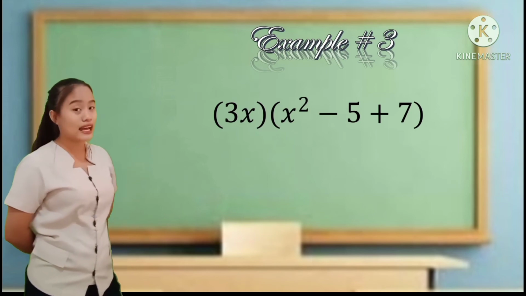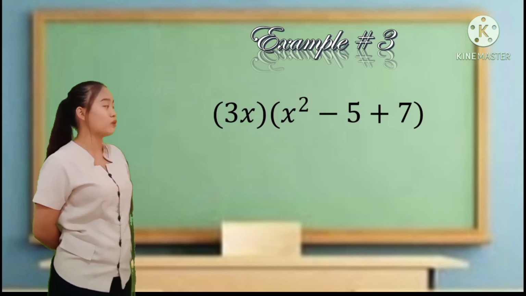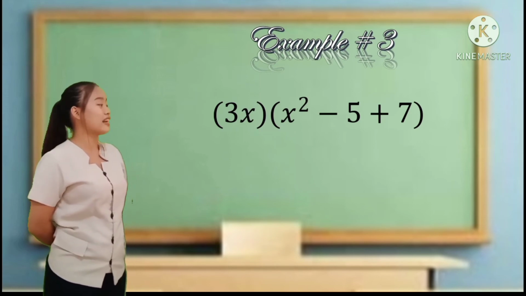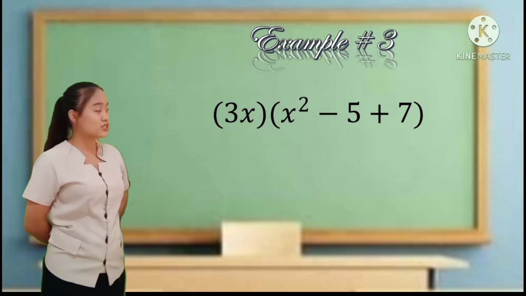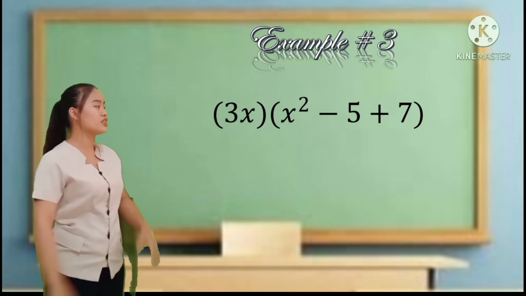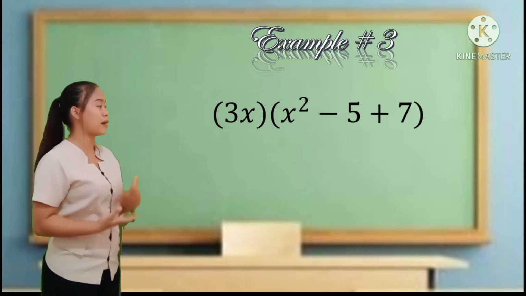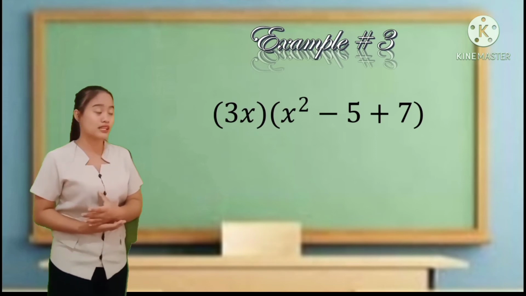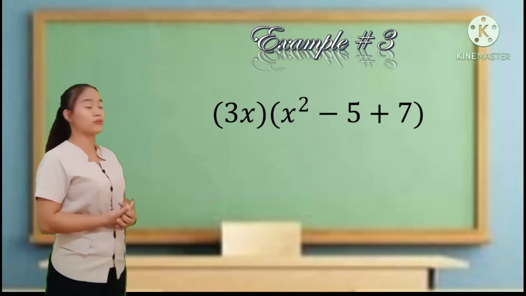Here, class, we have a monomial, which is 3x, and a trinomial, which is x squared minus 5x plus 7. Now we will just apply the distributive property and follow the rules in multiplying monomial by monomial.